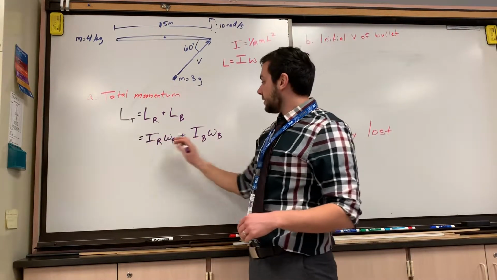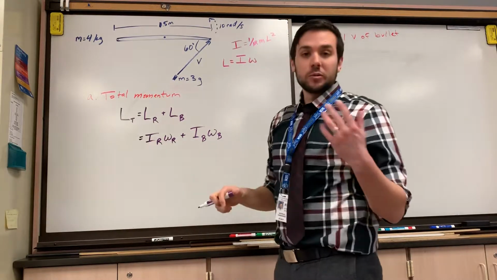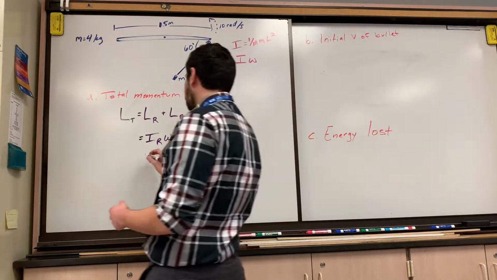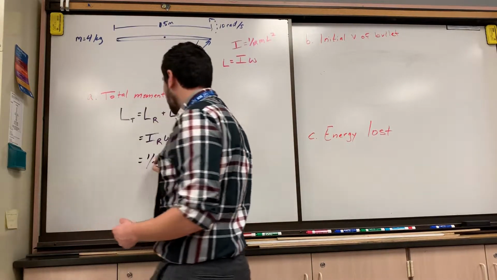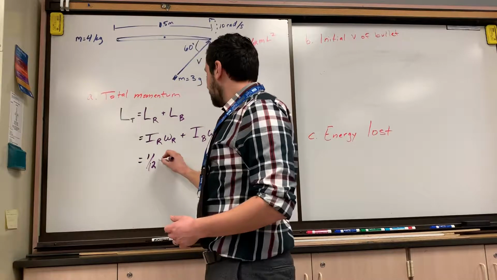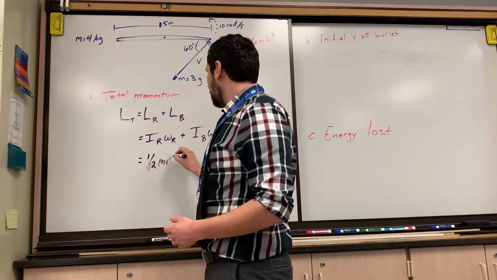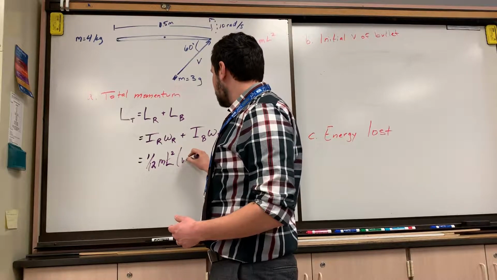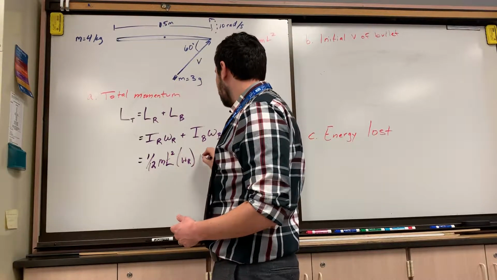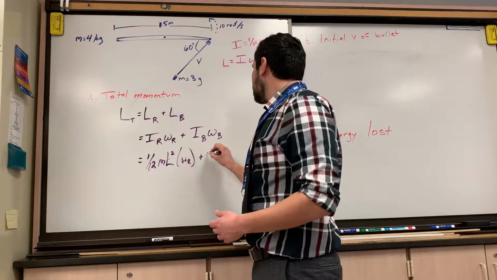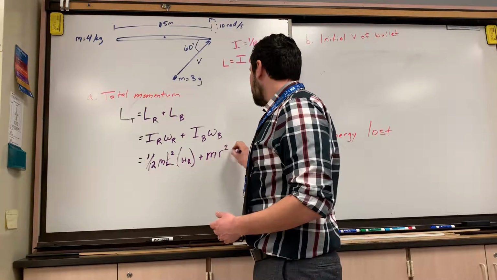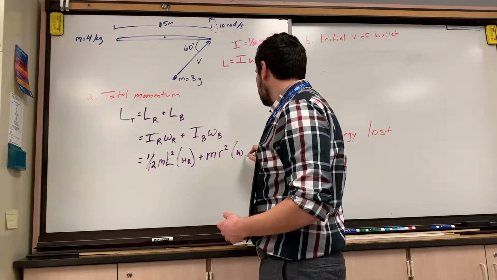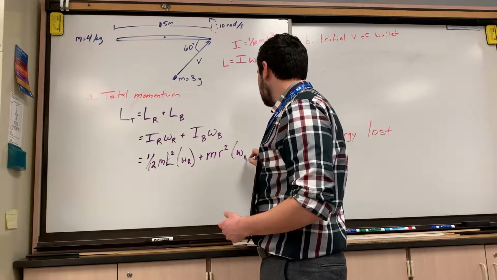And then we can calculate the moment of inertia for each object. So we can say it's 1/12 mL squared times that velocity, plus mr squared times that velocity.